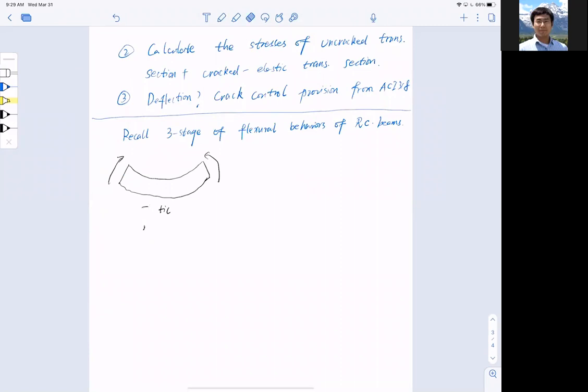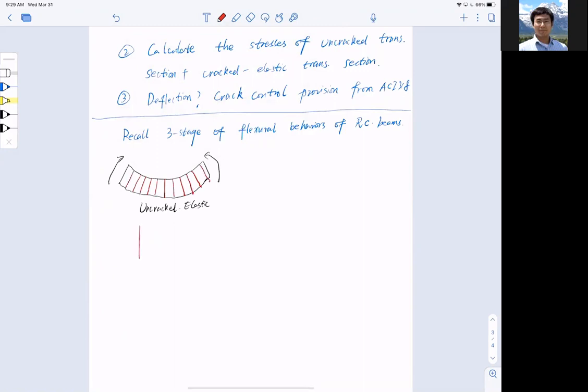Let me remove this. Sorry about that. Uncracked elastic. What does that really mean? It means that straight planes remain straight. All the strain diagrams are linear.